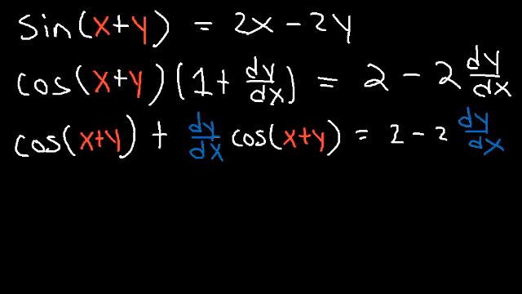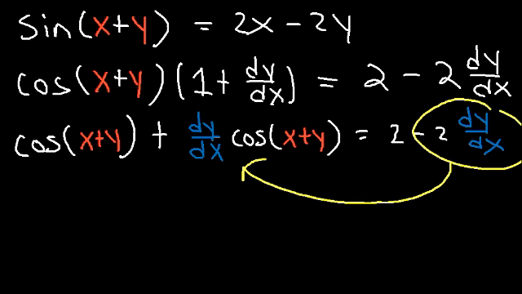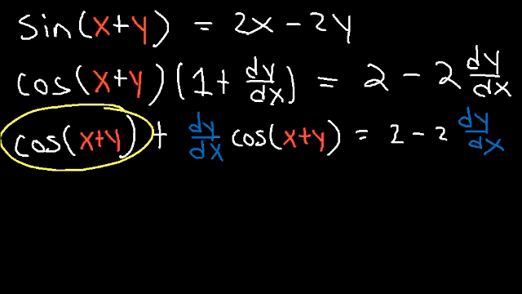Now we need to get dy dx by itself on one side. So let's move the negative 2 dy dx to the left side, so it's going to be positive. And let's take this term, which is positive on the left, and move it to the right, and so it's going to be negative.